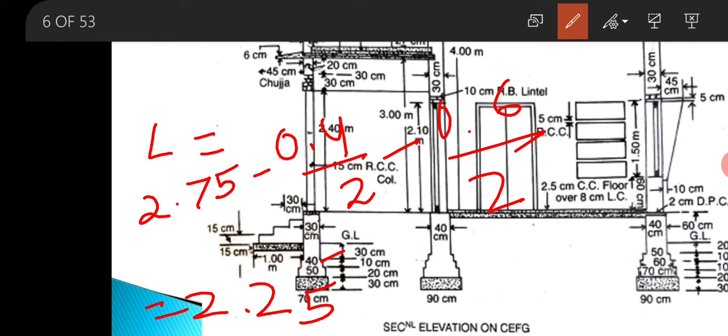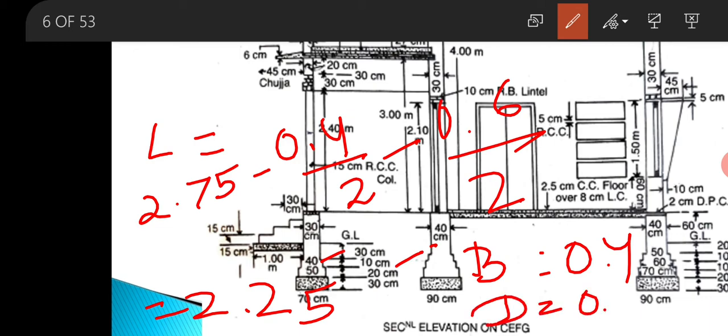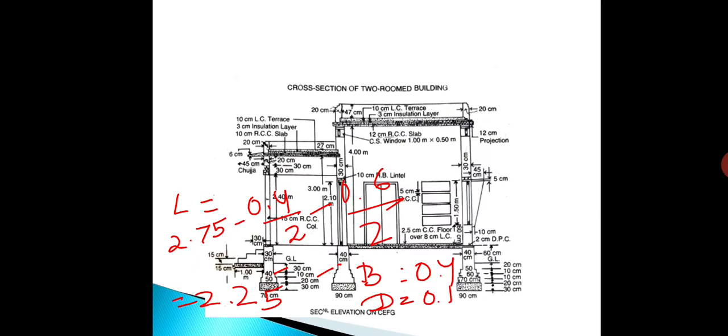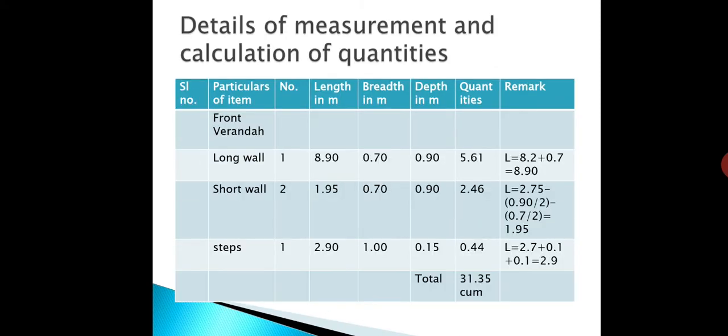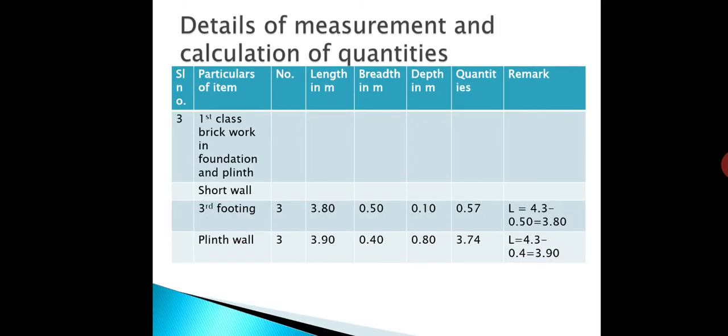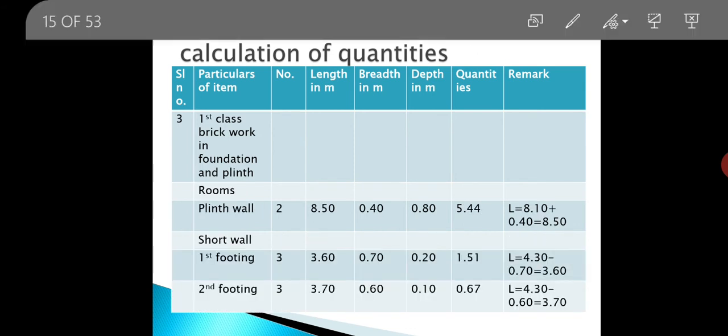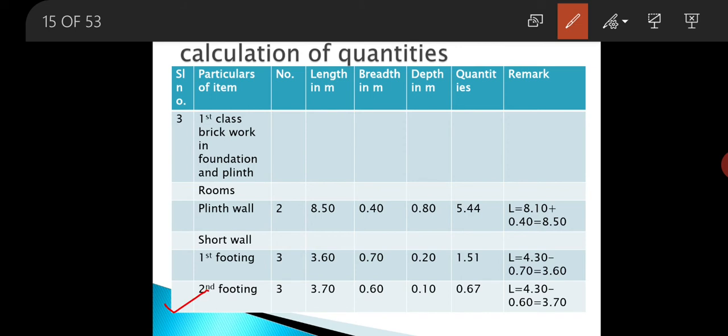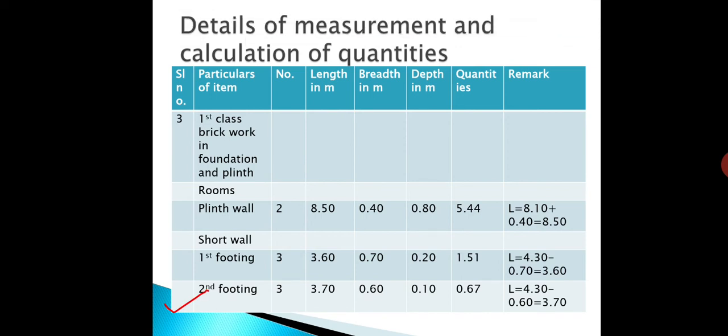Okay. This is the length. The width becomes 0.4 for the second footing, and the thickness of this second footing is, see here, 10 centimeter. So D becomes 0.1. Sorry, this is for the room.